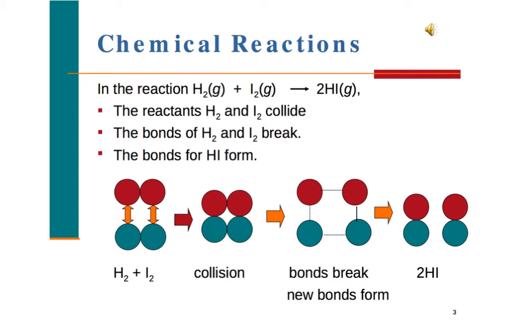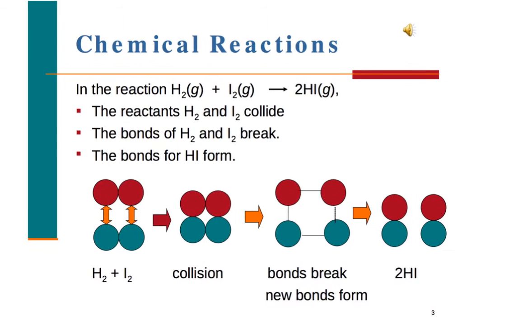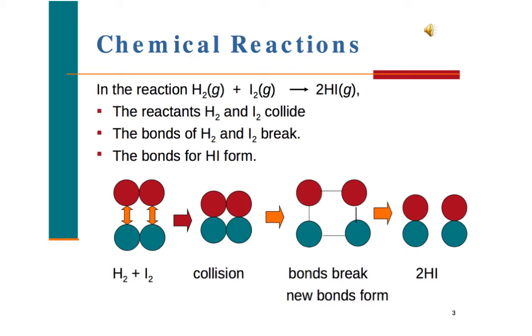Let's take a look at a very simple chemical reaction: the reaction of hydrogen with iodine. So we've got hydrogen here, and we'll make it the green, and we've got iodine here. First of all, in order for them to react, they have to collide. That collision gives the molecules energy, which they use to break the bonds.